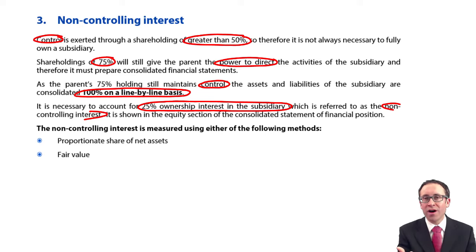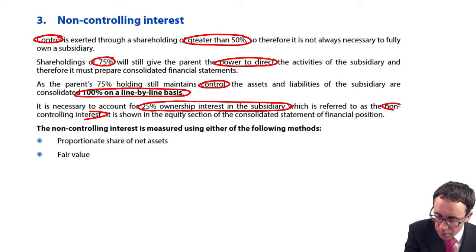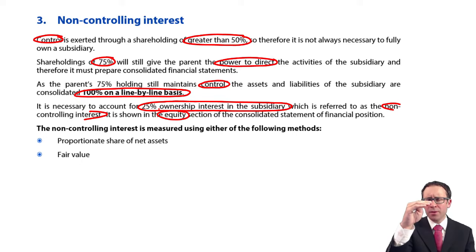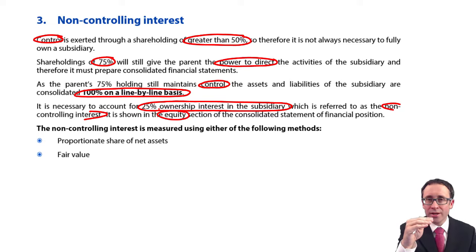And the other 25% that we do not own is shown also within the equity section of the consolidated statement of financial position. So you're going to have share capital, share premium, retained earnings of the group, which will then total up to show what's attributable to the parent. Then we'll have a separate line item that says non-controlling interest, before we then add that together to give you the total equity within the business.